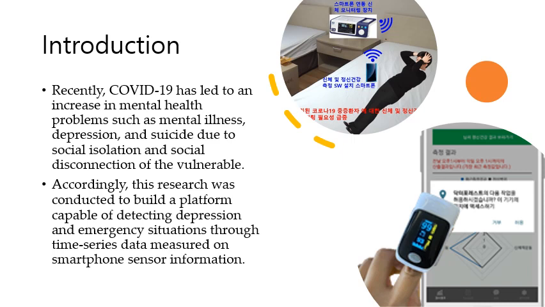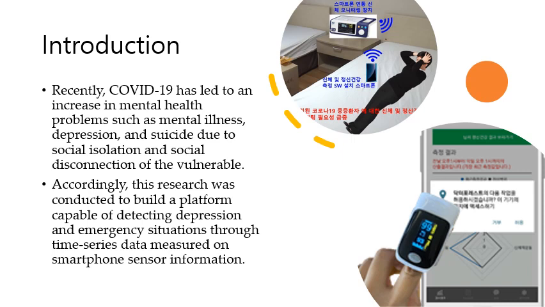First, recently COVID-19 has really led to an increase in mental health problems such as mental illness, depression, and suicide due to social isolation and social disconnection of the vulnerable.